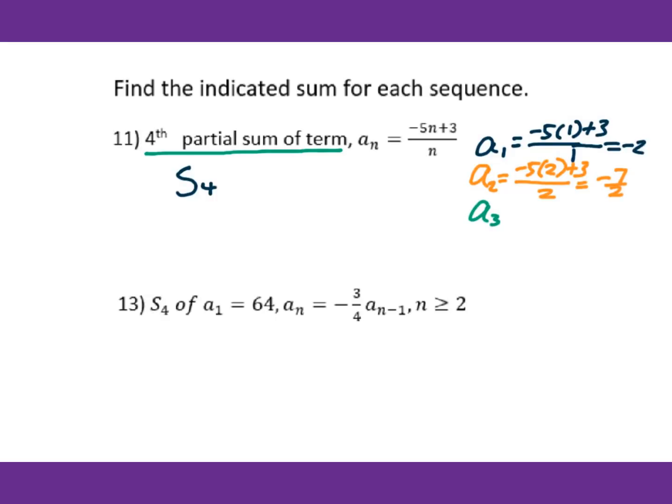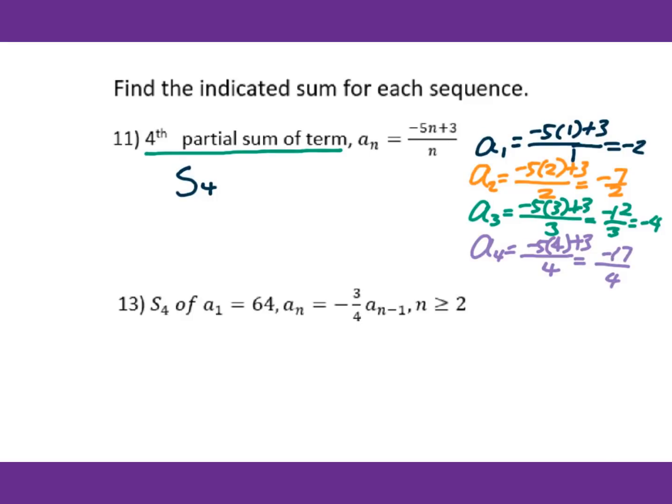A sub 3 equals negative 5 times 3 plus 3 over 3. You get negative 12 over 3 equals negative 4. A sub 4 equals negative 5 times 4 plus 3 over 4. You will get negative 17 over 4.